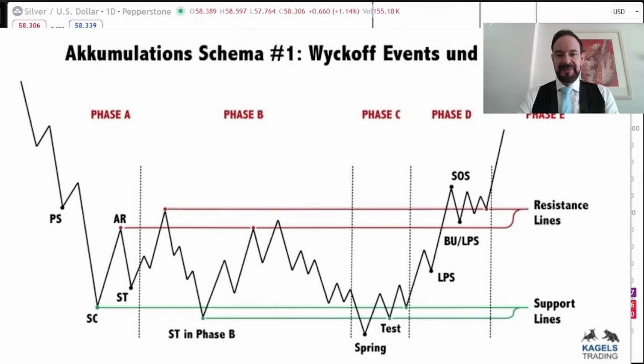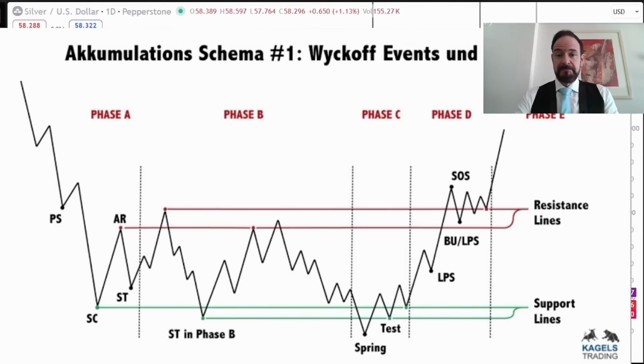We get an undercut. We make a final sell-off where the smart money is going to trigger all the stops, all the leveraged positions are going to get liquidated, all the margin calls are coming on. Ring, ring, we want our money back. And that's the ultimate panic move. And they are just buying up, in this case, all the silver.